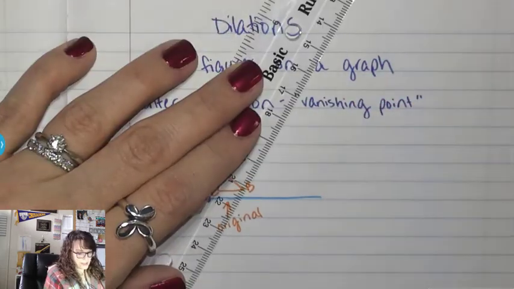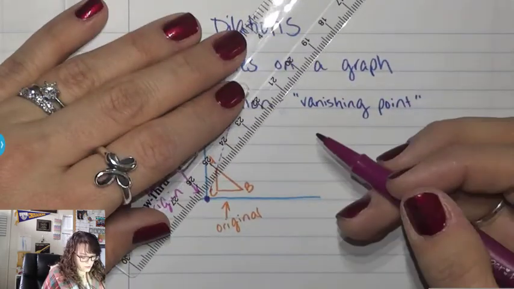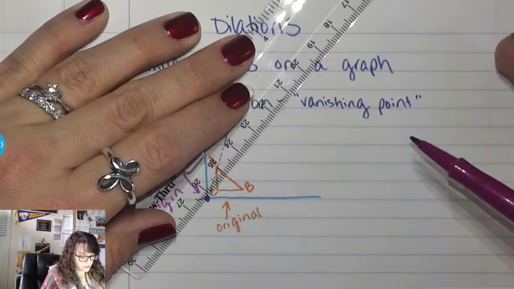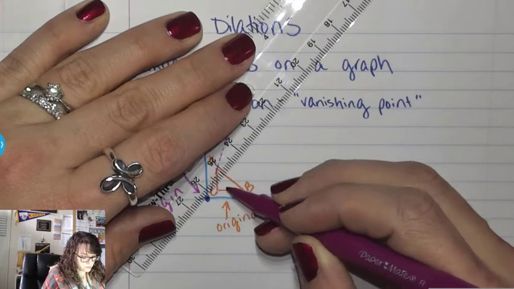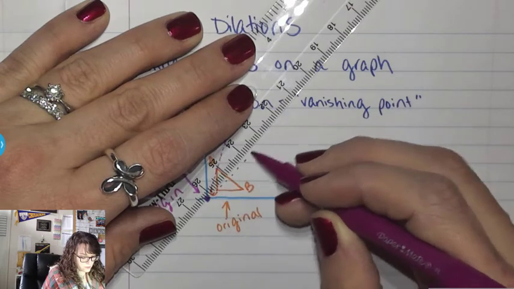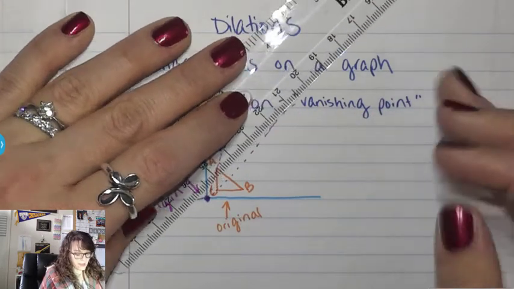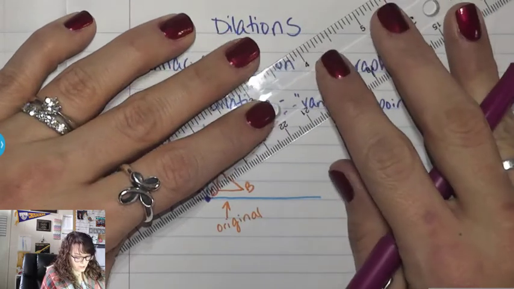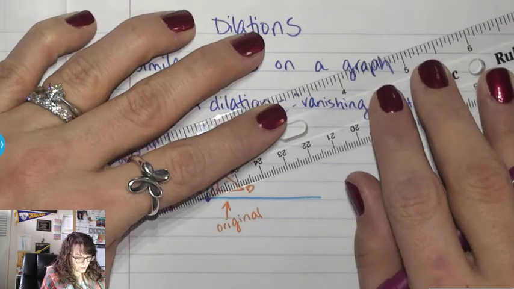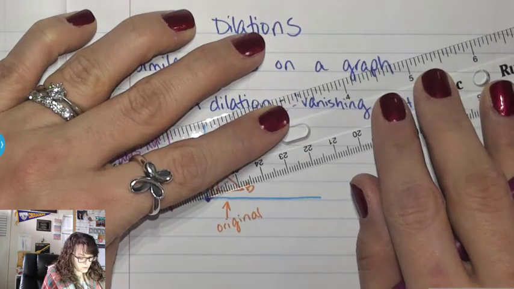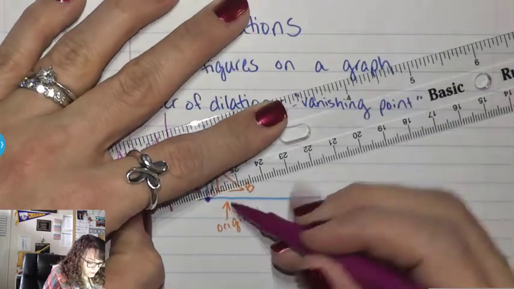And then I come off point C, go through the origin, or the center of dilation, and through point C, and then again through point B. Have y'all ever done something like this in art? So y'all totally get what I'm about to do. And you do the same thing.